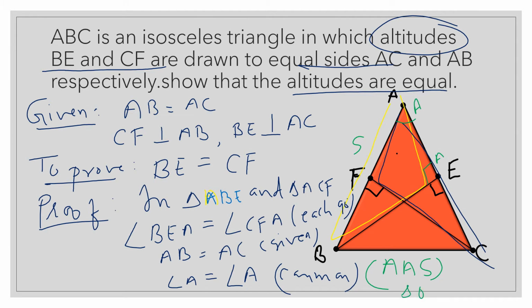So BE is equal to CF. I hope this question is clear to you. First, make the triangles congruent by finding the appropriate criteria, and then the remaining sides or angles you can write down they are congruent by CPCT, that means corresponding parts of congruent triangles.